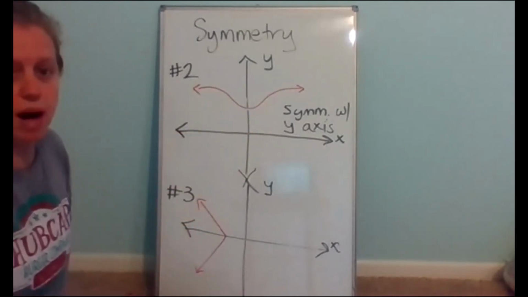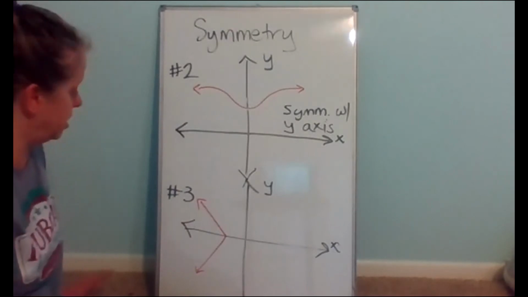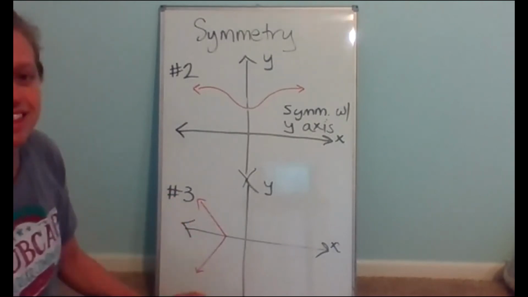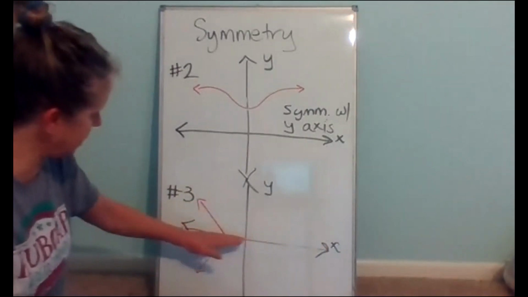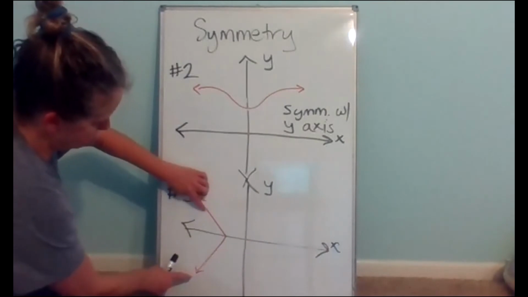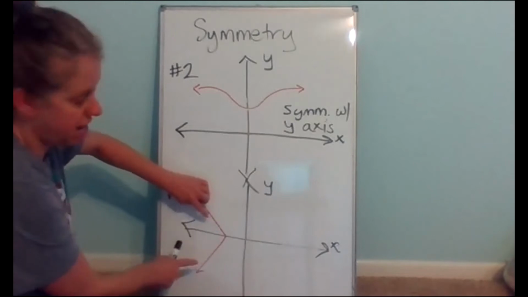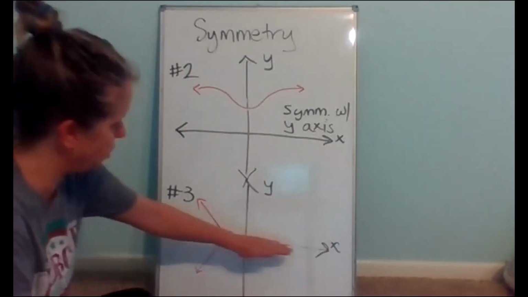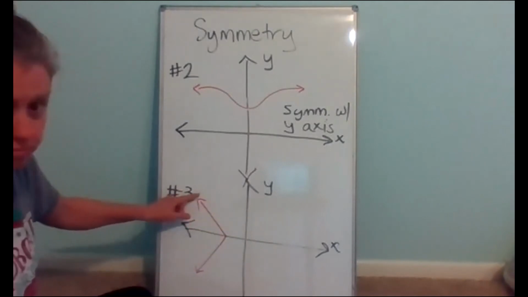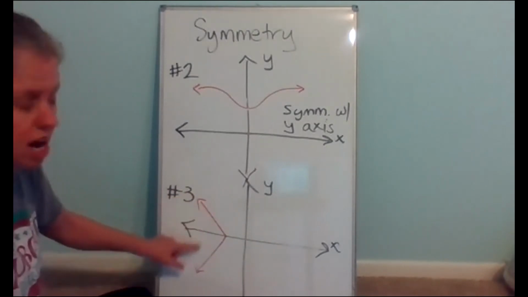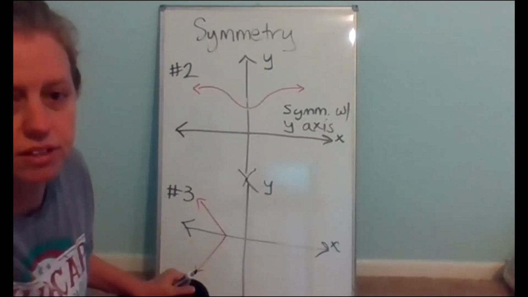Now, when you're looking at this bottom one, like number 3 on the handout, this one would be symmetrical with the x-axis, because here's my x-axis, and the same thing is happening on both sides of the x-axis here. Or in other words, if I could fold this like a sheet of paper on the x-axis, then the top and the bottom would again just lie on top of each other.